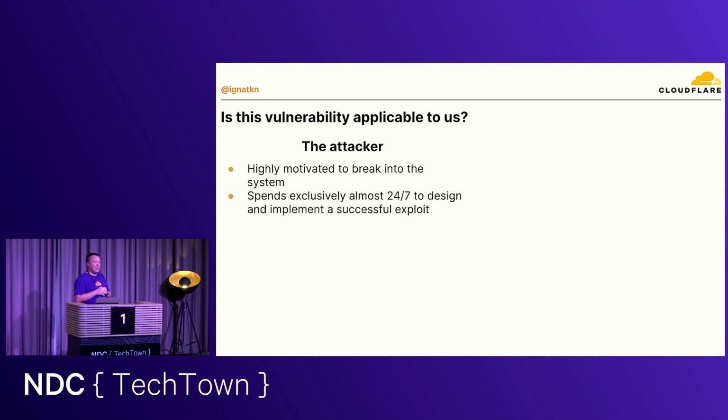Who can definitely answer this question correctly? It's probably the attacker, because sometimes security vulnerabilities are really hard to exploit. They require a lot of effort and dedicated knowledge, but the attacker is motivated because they want to break into your system. This is their bread and butter, so they will spend 24/7 designing a successful exploit if they know you have a known vulnerability in the system.